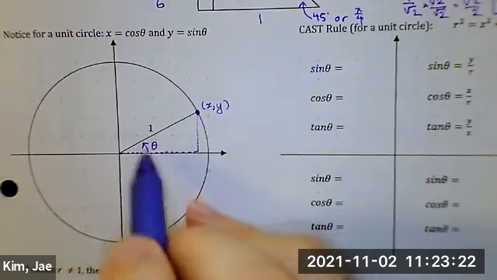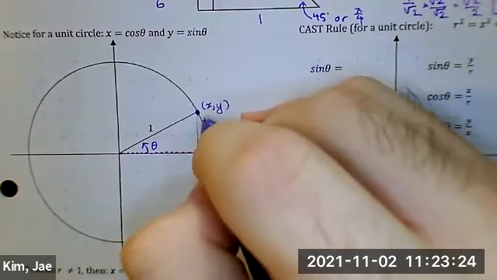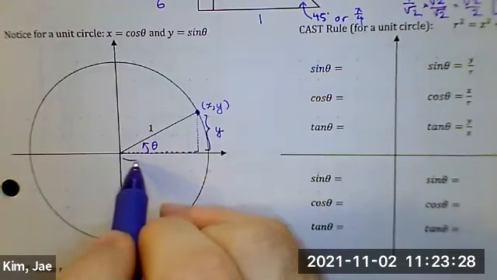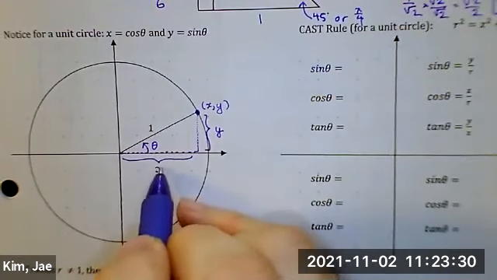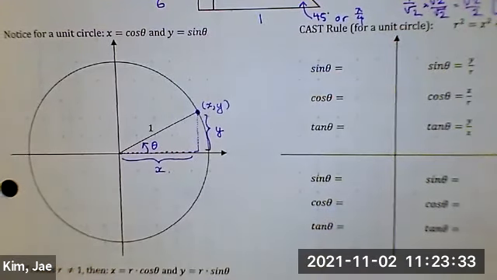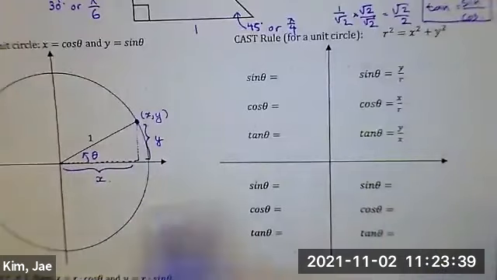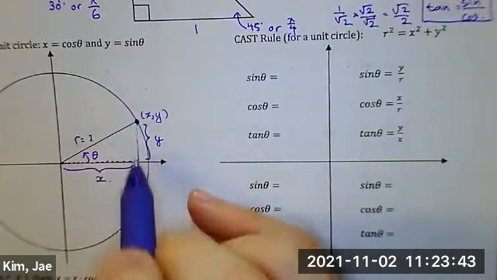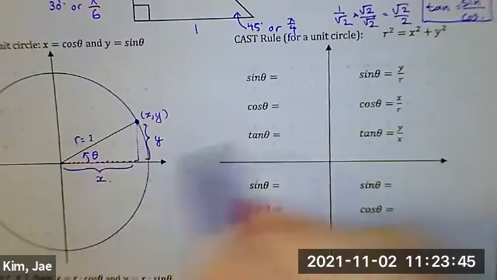In other words, from theta, this opposite distance is Y, and my adjacent distance is X. So again, my radius is hypotenuse, my opposite is Y, my adjacent is X.